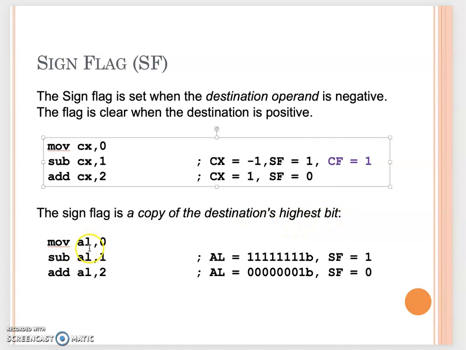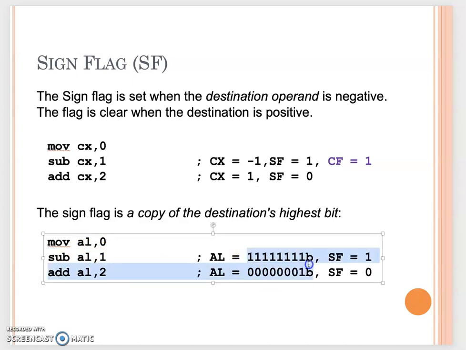You can see the other example here, you have AL equal to 0. You SUB, and this one is actually -1, but it just copies the most significant bit, the sign bit. Then we set the sign flag. So that's how it looks.